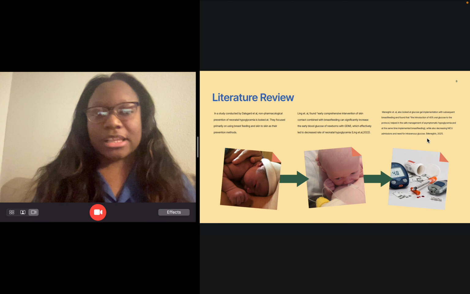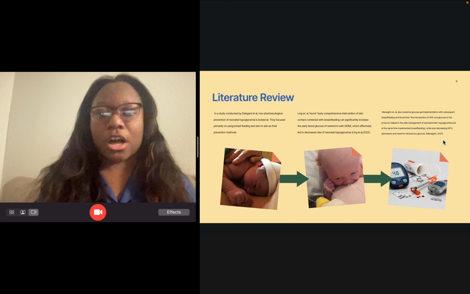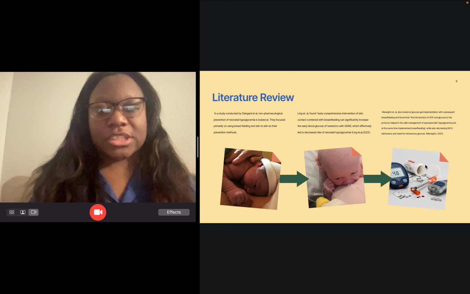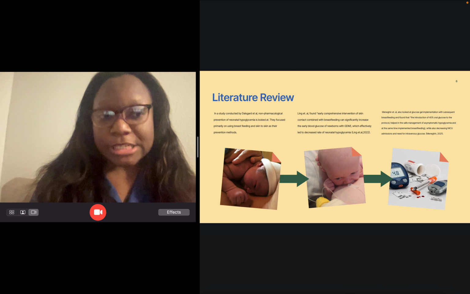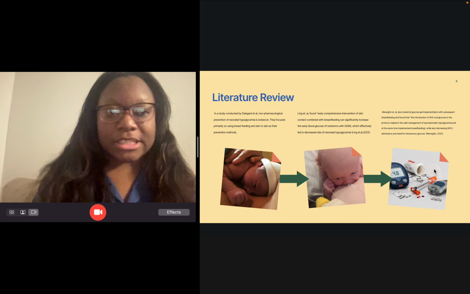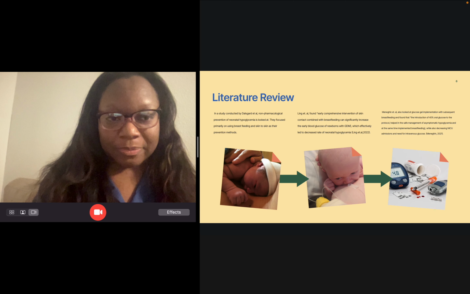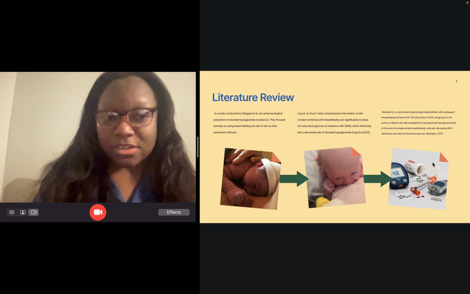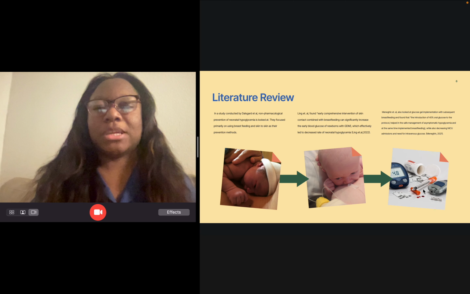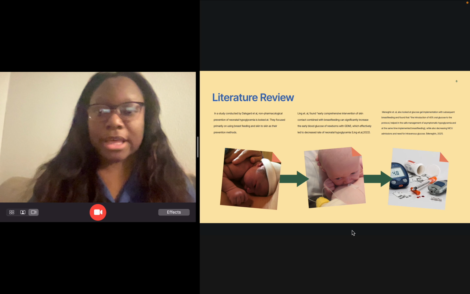This study looked specifically at just introducing that gel with breastfeeding early on and seeing if that helped decrease rates of hypoglycemia, which they did find that the introduction of 40% oral glucose to the protocol, which is breastfeeding, helped the safe management of asymptomatic hypoglycemia and at the same time implemented breastfeeding. This also decreased NICU admissions and need for IV glucose, which would be a higher level of care and could lead to a longer stay in the hospital for that newborn.